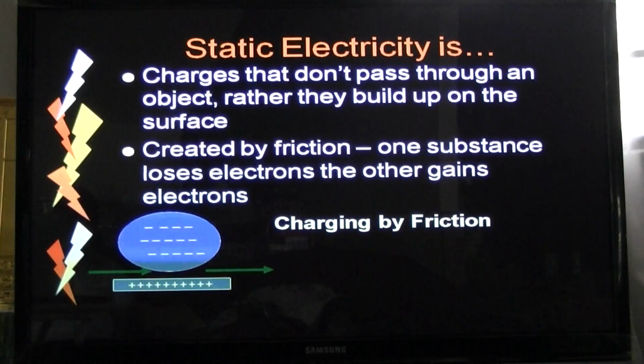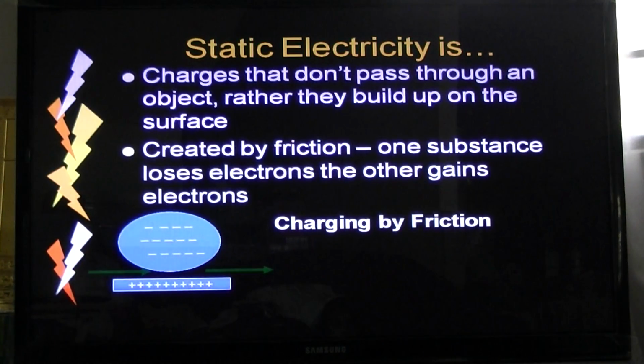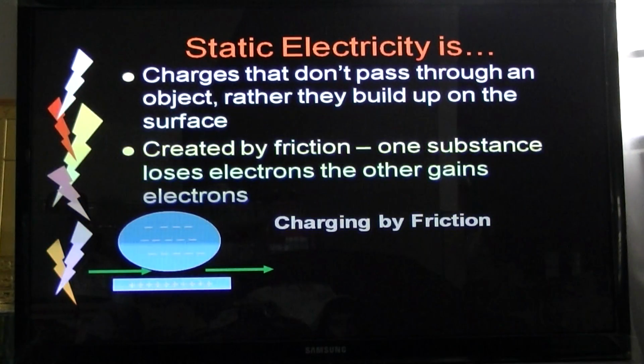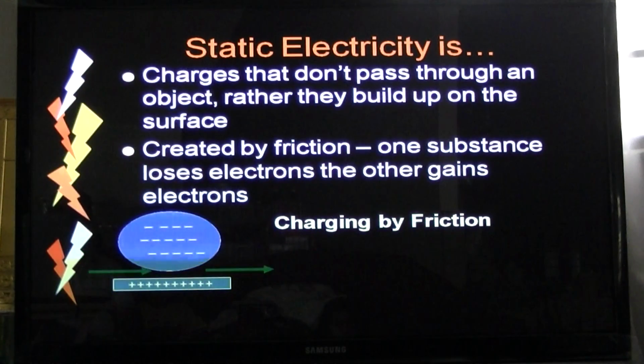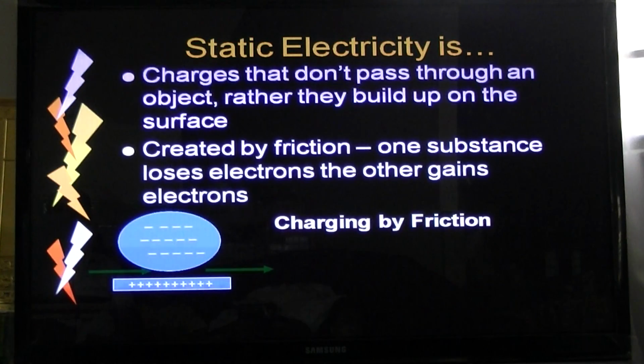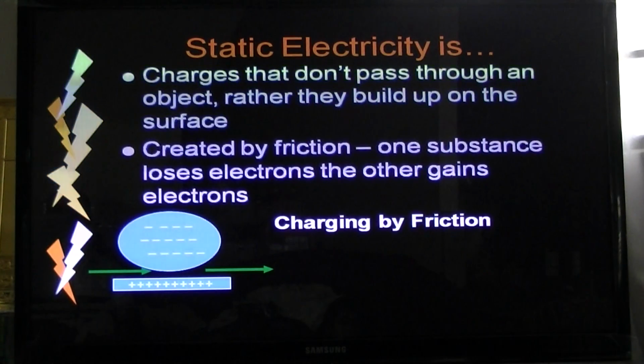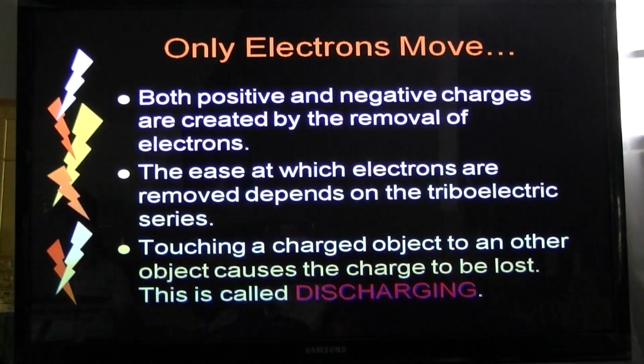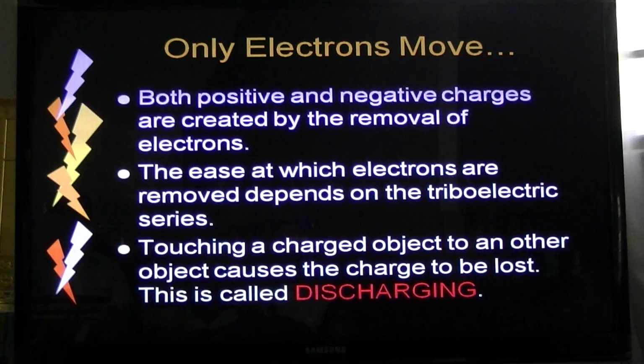Static electricity is charges that don't pass through an object, rather they build up on the surface. So it doesn't pass through, it builds up on the surface. It is created by friction: one substance loses electrons and the other gains electrons. That's friction. Only electrons move.